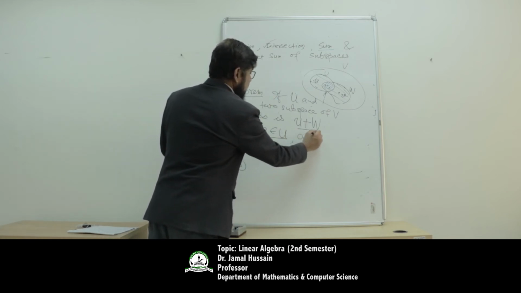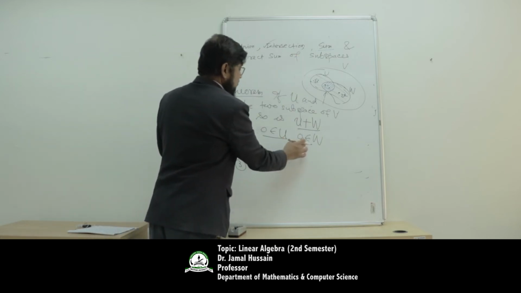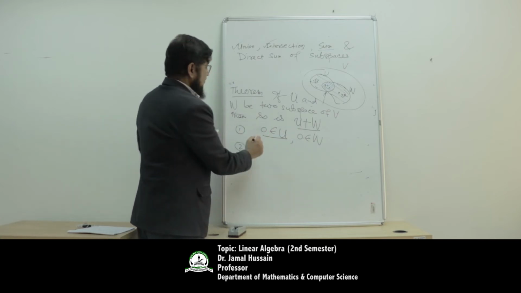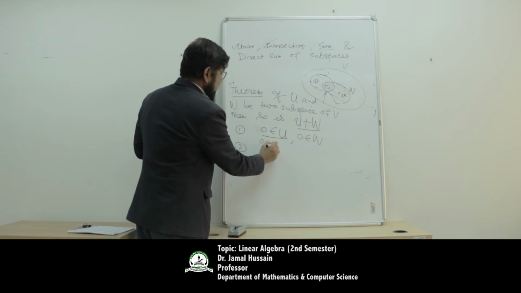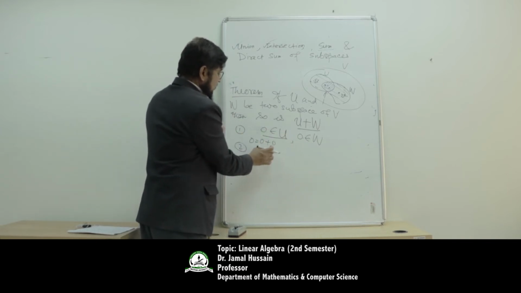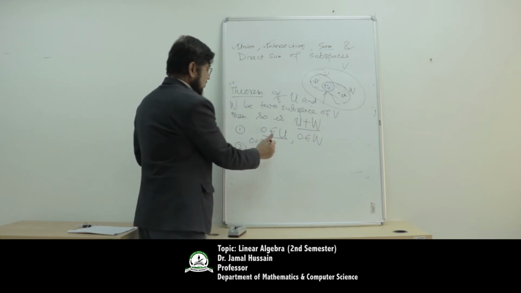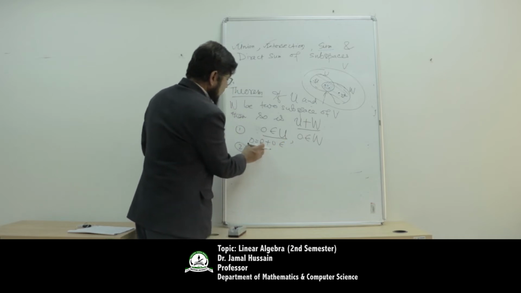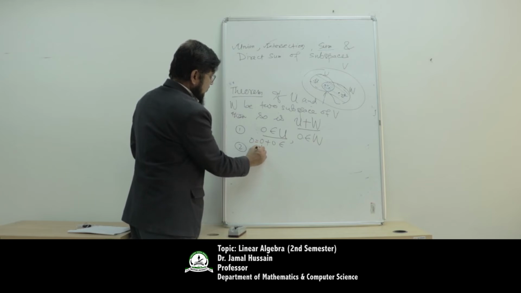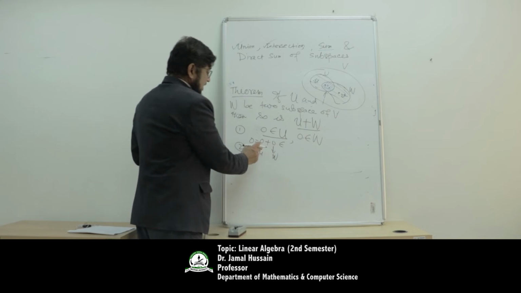Similarly, 0 also belongs to W, the same 0, the 0 vector of the vector space V also belongs to W. Hence we can combine them and write 0 plus 0, and this is nothing but 0 only, this 0 of U and this 0 of W. Since both of them are 0, whenever elements are of this form, 0 from U, 0 from W, of course they are the same 0.